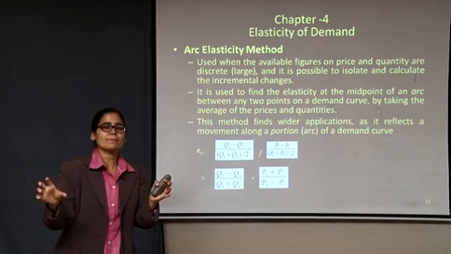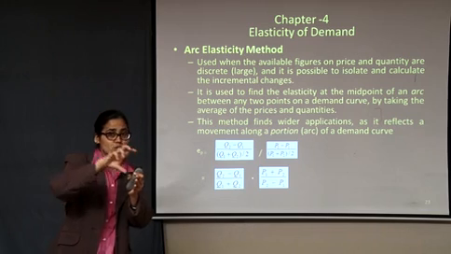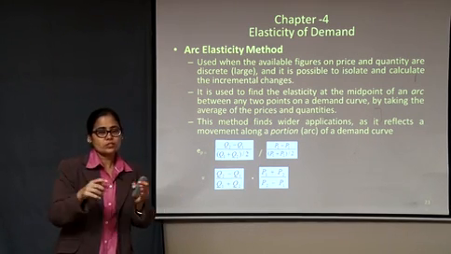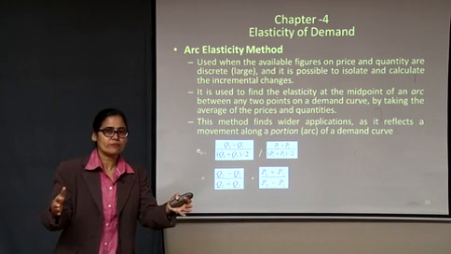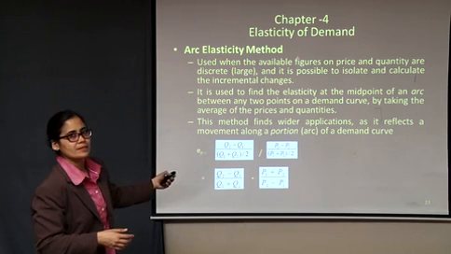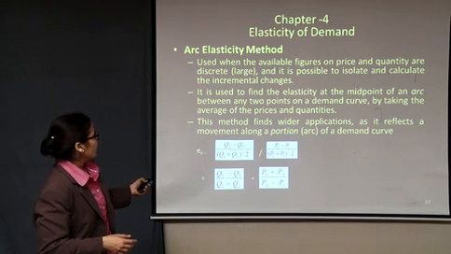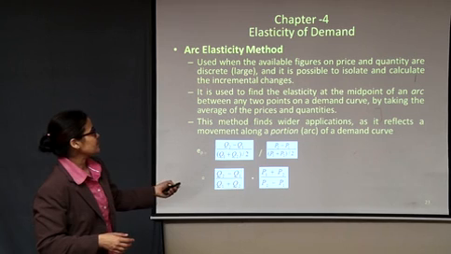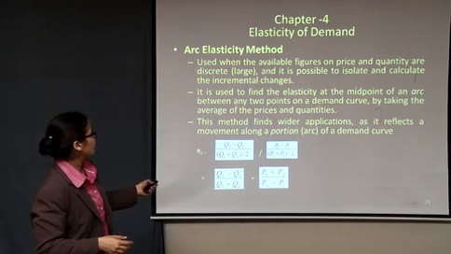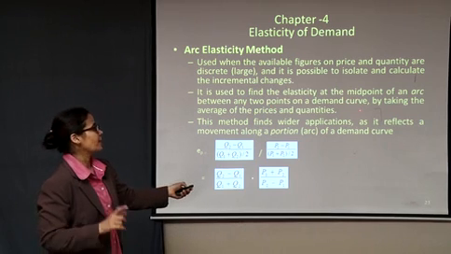So when the change in price is in absolute number, or there's a large change in price, which is of course over a longer duration of time, then we will be using what is called the arc elasticity method. It is basically used to find the elasticity at the midpoint of an arc. What is an arc? It is a segment between any 2 points on the demand curve.